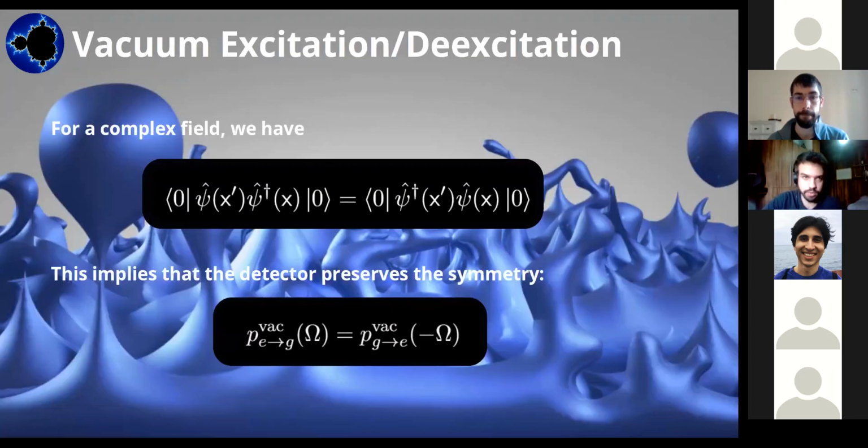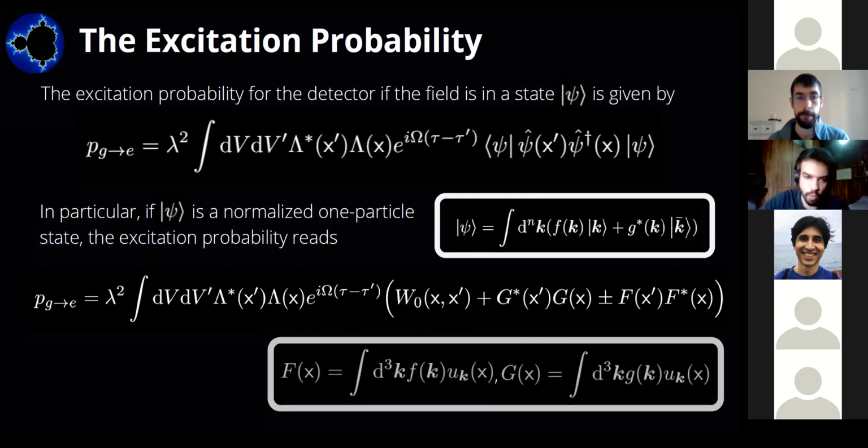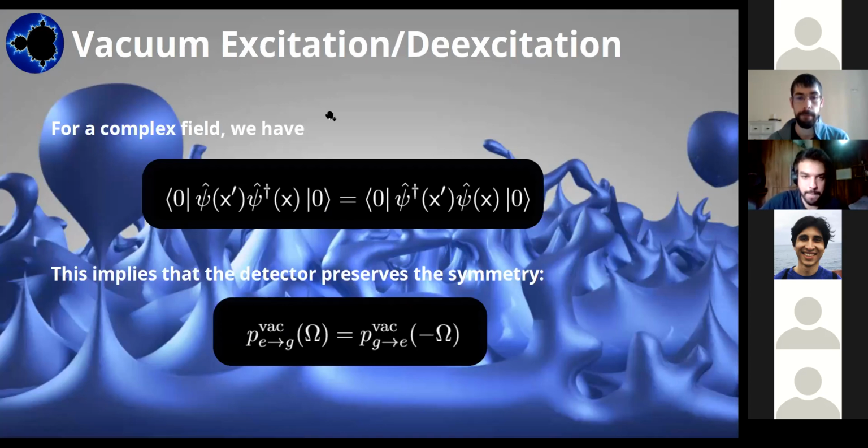And now, just a comment on the vacuum excitation and de-excitation. Although the excitation and de-excitation probabilities will not be symmetric under the exchange of omega by minus omega in general, because you will swap the roles of F and G, what's going to happen is that for complex fields, due to the fact that the positive and negative frequency modes are related simply by conjugation, the vacuum Wightman functions, no matter the order that you put here, are the same.